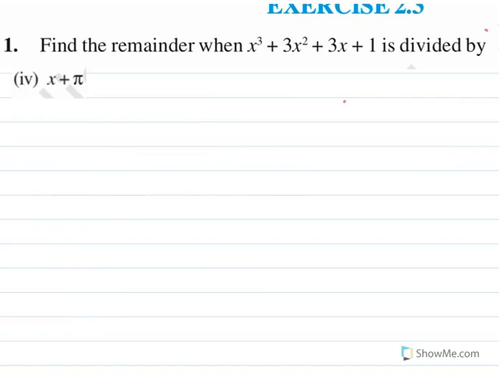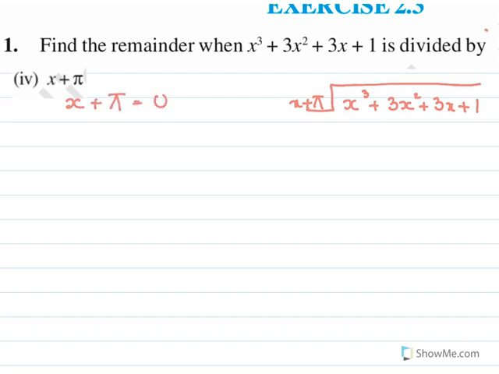Find the remainder when x cube plus 3x square plus 3x plus 1 is divided by x plus pi. If we were to do this by long division, it would take us very long. So we are now going to do it by remainder theorem. So x plus pi equal to 0, so we have x equal to minus pi.